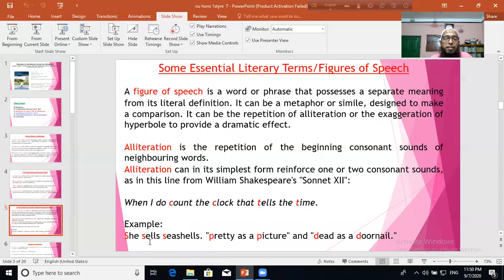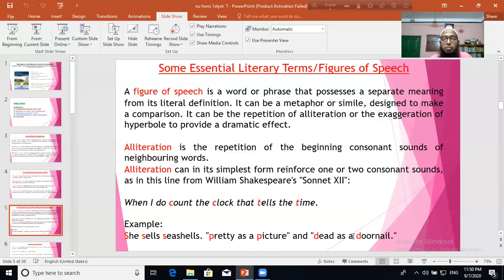More examples here: she sells seashells, pretty as a picture and dead as a doornail. You see? She sells. So the sa sound has been repeated. Sa, sa, sa. She sells seashells. In this phrase, pretty as a picture, beautiful like a picture, and dead as a doornail. So it is dead.